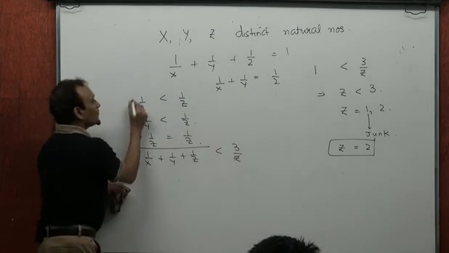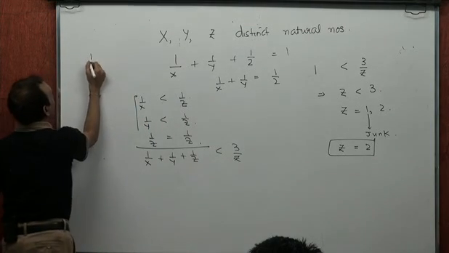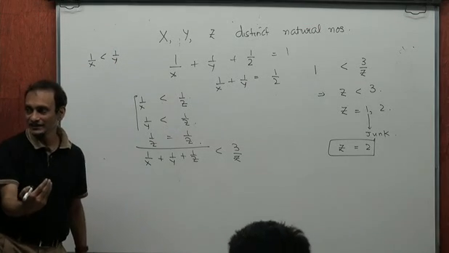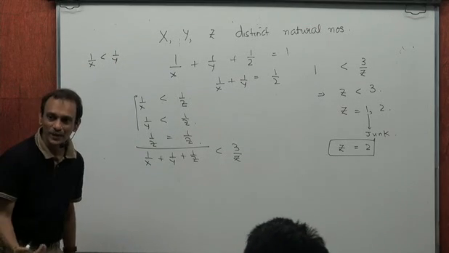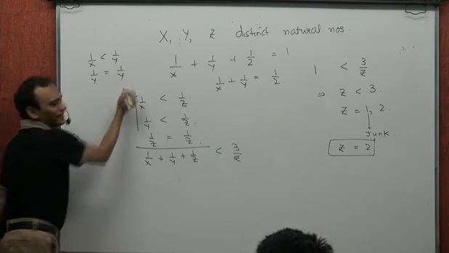Now if I add these, do you realize that 1 by x was less than 1 by y? Because x was greater than y, 1 by x was less than 1 by y, right? And 1 by y was equal to 1 by y.